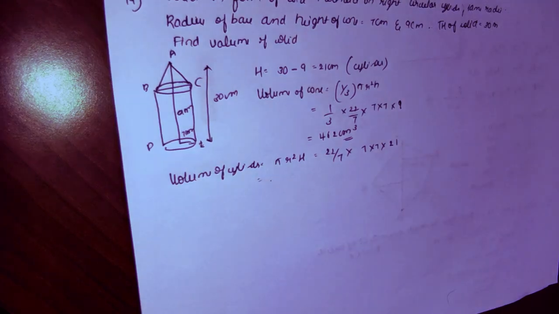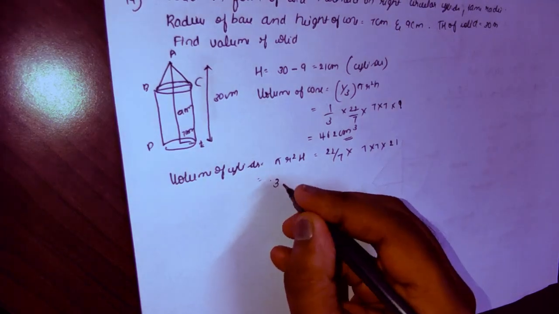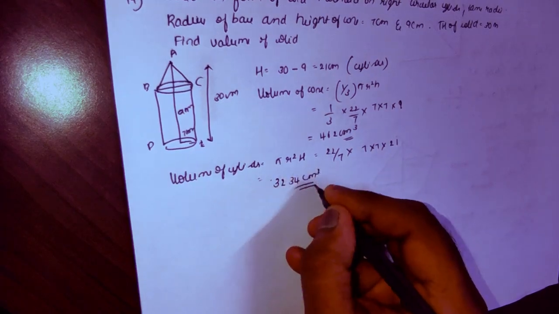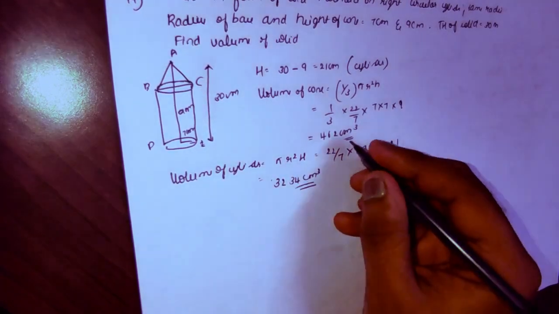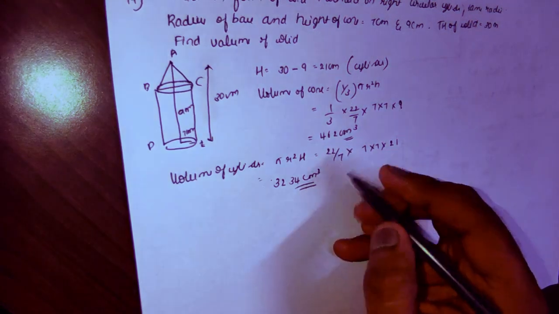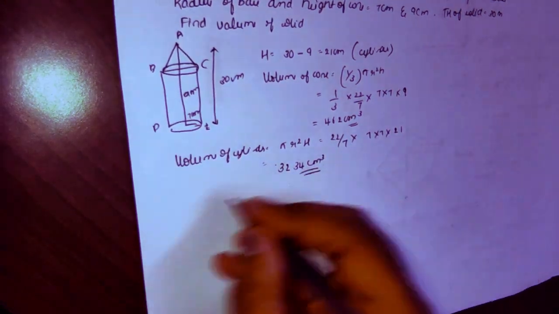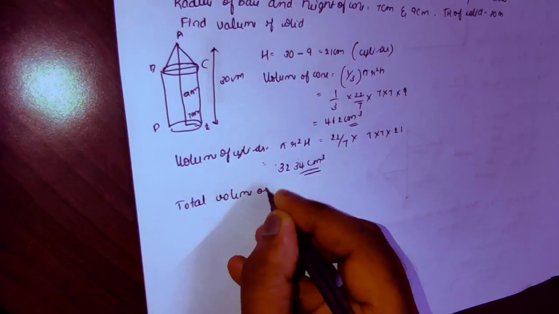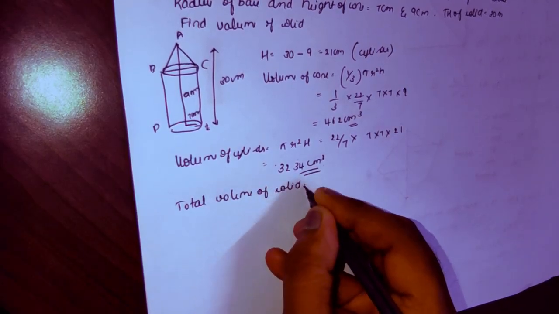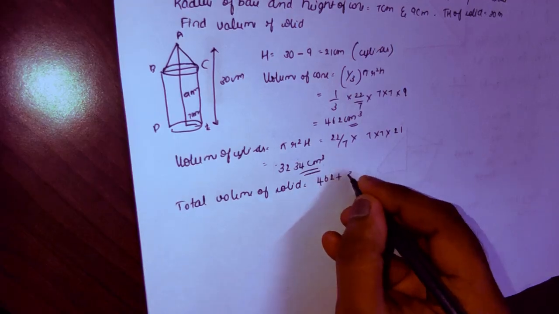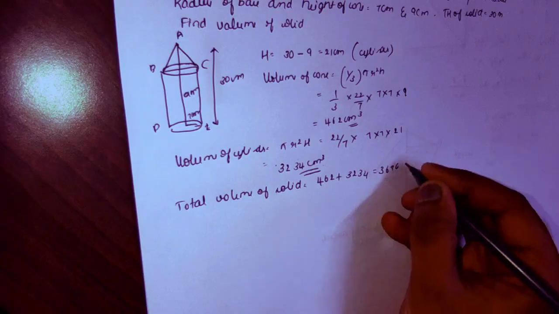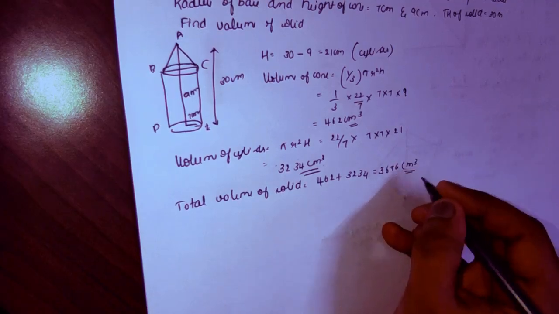When you substitute the value, you will get the volume, that is 3234 centimeter cube. Total volume of the solid is the volume of the cone plus volume of the cylinder: 462 plus 3234, that gives 3696 centimeter cube.